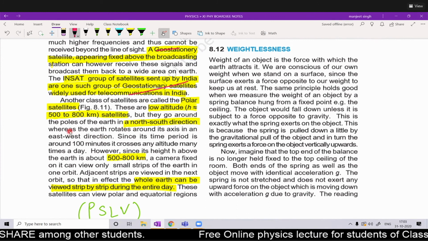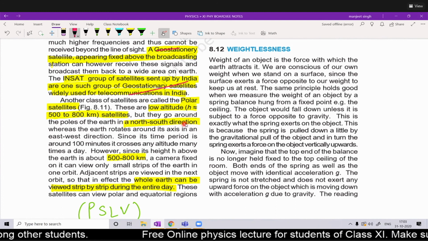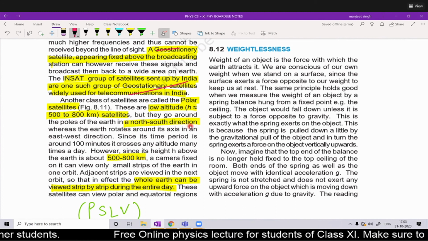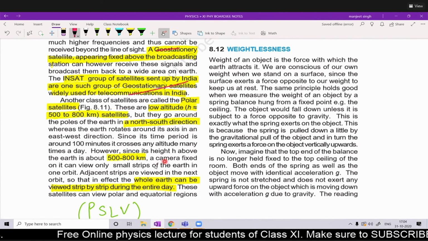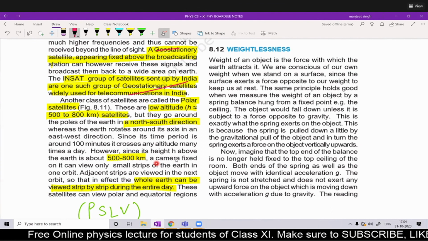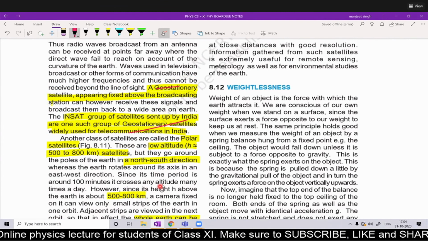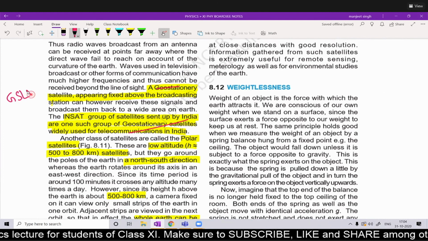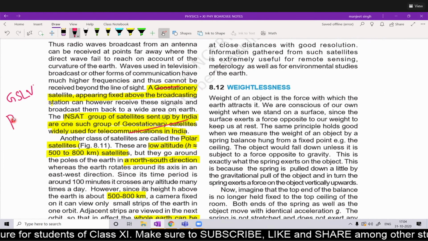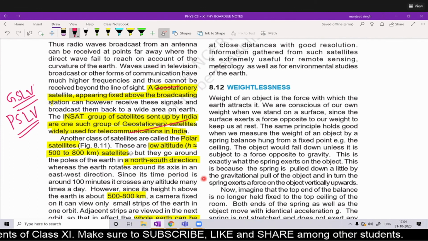These are at a low altitude of 500 to 800 kilometers, going around in the north to south direction. So you know about the PSLV series, Polar Satellite Launch Vehicle, and one is the GSLV series. GSLV means Geostationary Satellite Launch Vehicle. PSLV, Polar Satellite Launch Vehicle. These are the schemes named in India. Okay.